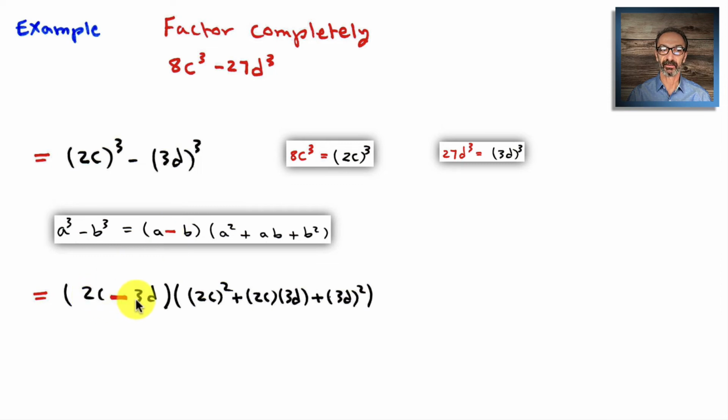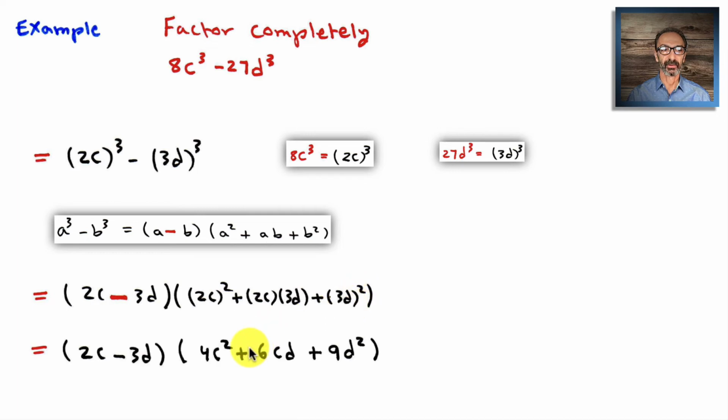That's my a, that's my b, a minus b, and that's a squared, that's a times b, and that's my b square. Simplifying, that's 2c times 2c, which is 4c squared. This time I did not have a typo. 2 times 3 is 6cd, 3d times 3d will be 9d squared, and that should do it.